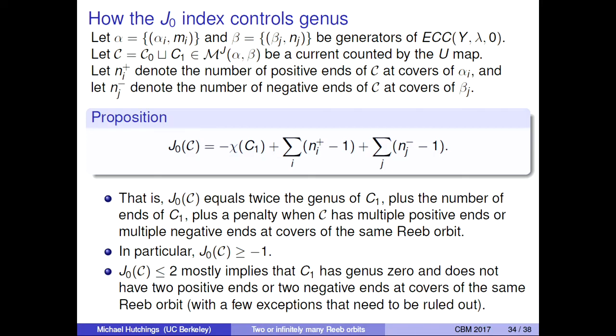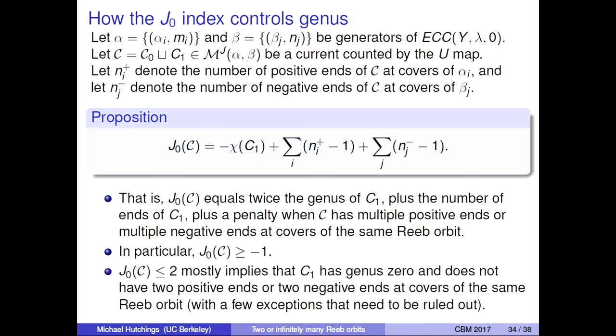So you have this proposition which says that J0 of C is minus the Euler characteristic of the non-trivial part, plus some additional non-negative terms. What that means is if you can show that this J0 of C is small, then that's going to give you an upper bound on the genus of C.